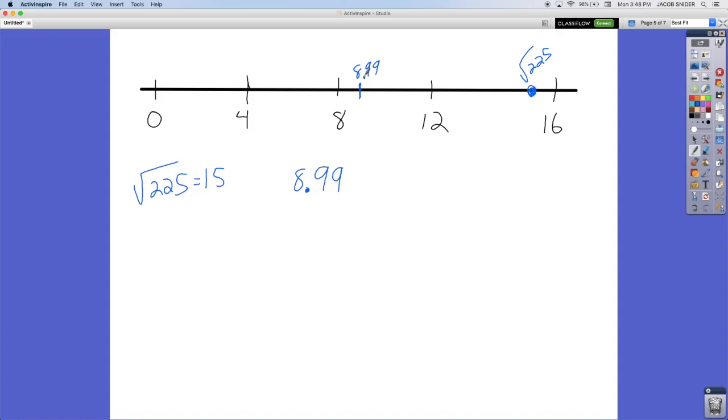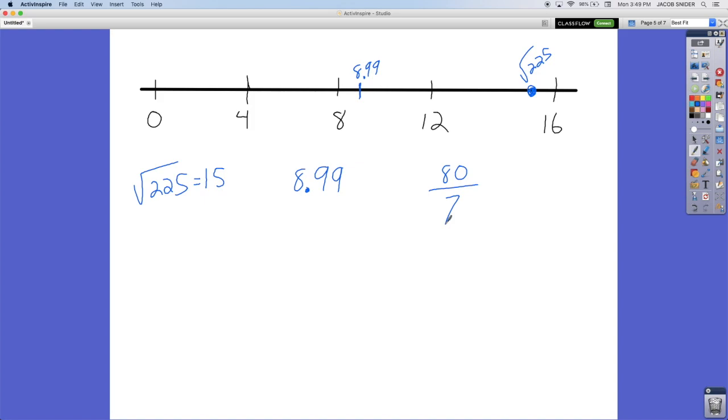What about, let's do another fraction. Let's go 80 over 7. How many 7s go into 80?